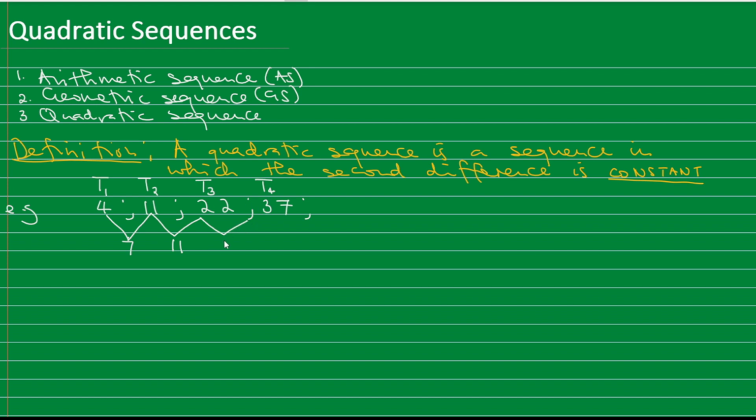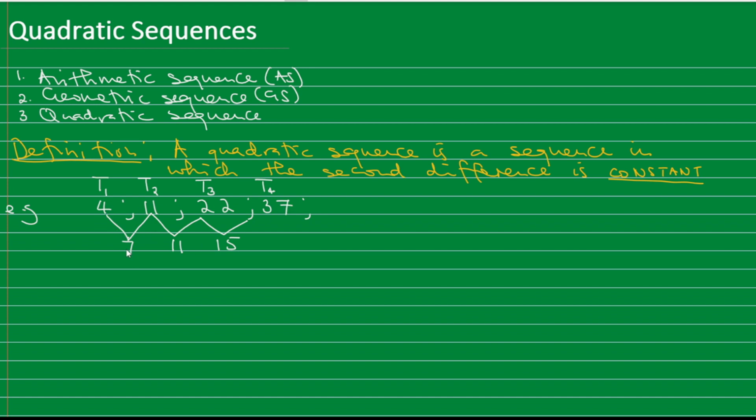We get 15. Let me refresh my additions and subtractions. So that is 15, 37 minus 22.